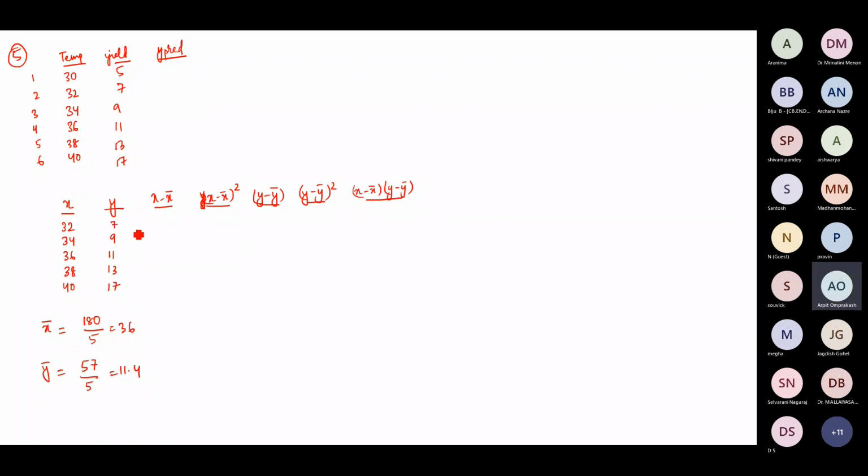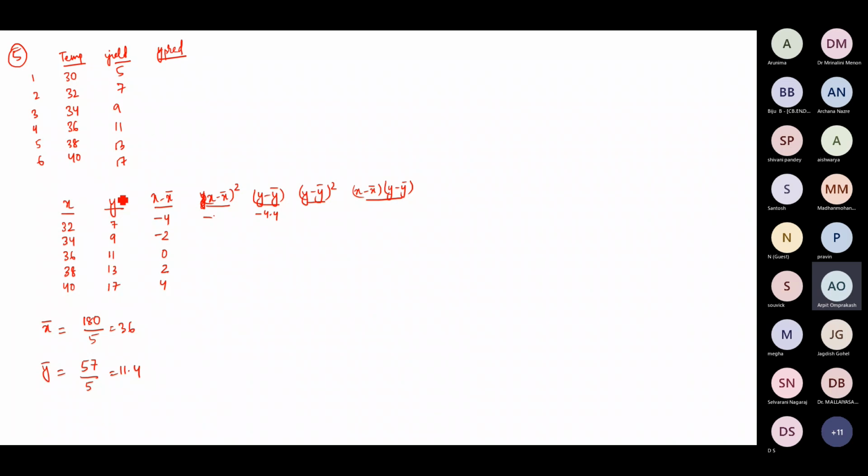Now we need x minus x bar. 32 minus 36 is minus 4, 34 gives minus 2, then 0, 2, and 4. Then 7 minus 11.4 is minus 4.4.